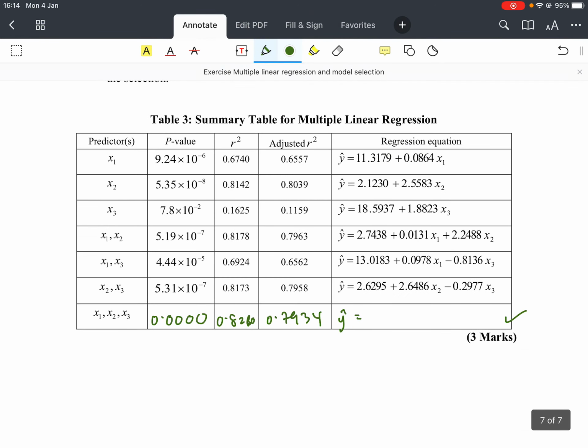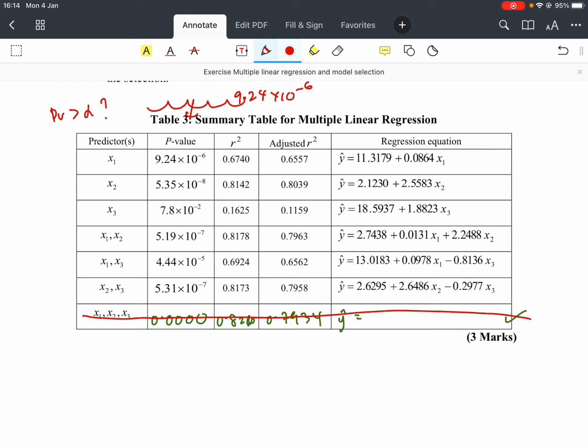Now, after you have filled this in, you want to find the best model. First, what you need to discard: we eliminate this one because this model has the most predictor variables. Next, we find any p-value that is greater than alpha. So you look at your p-values here. 9.24 times 10 to the power of negative 6 means 0.0000 when converted to 4 decimal places.